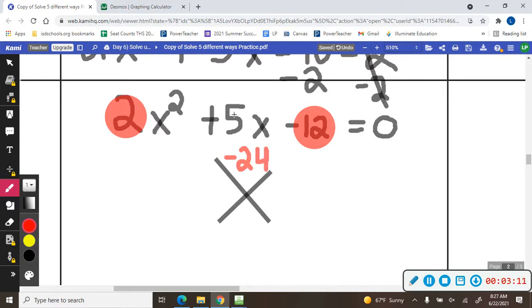And then you put this number on the bottom and you get 5. So we're trying to find 2 numbers that multiply to negative 24 but add to 5, and I believe that would be 8 and negative 3.